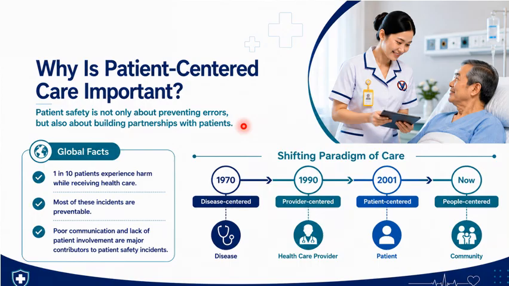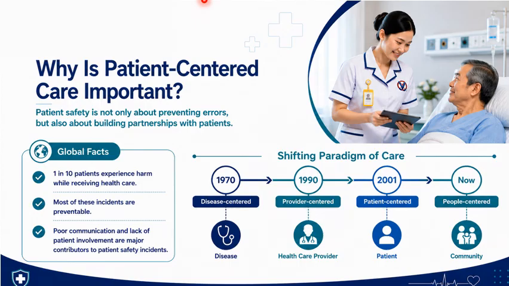In the early stages of healthcare development, the success of care was largely measured by the ability of healthcare professionals to treat illnesses. The primary focus was the disease itself, so we call it disease-centered care. As the health sciences evolved, the paradigm shifted to provider-centered care, where healthcare professionals were the central decision makers. Although the quality of care improved, the patients often still played a passive role.